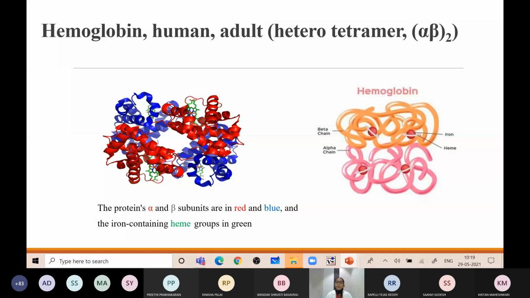When ferrous iron is converted to ferric, then we say oxidation. But here oxidation is not occurring, only the ferrous iron atom is combining with the oxygen molecule loosely and reversibly. Okay, so this must be understood very clearly.